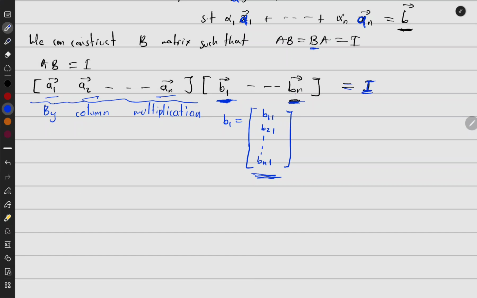So this is what I mean. B11 will multiply with that, plus B21 will multiply with that.